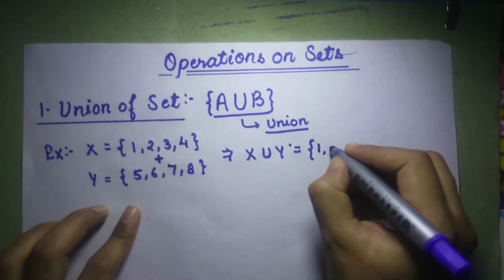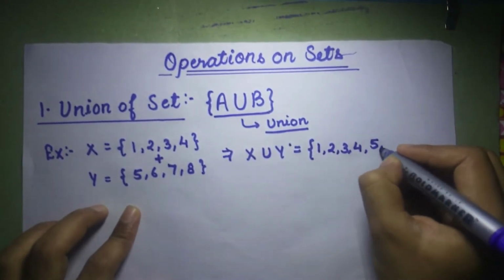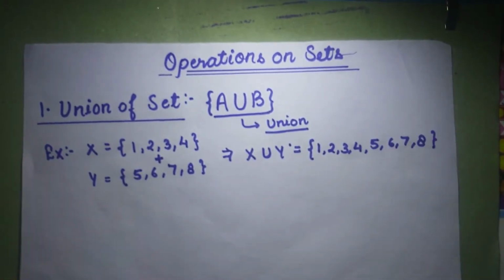So we write 1 2 3 4 5 6 7 and 8. So here is the value of x union y.